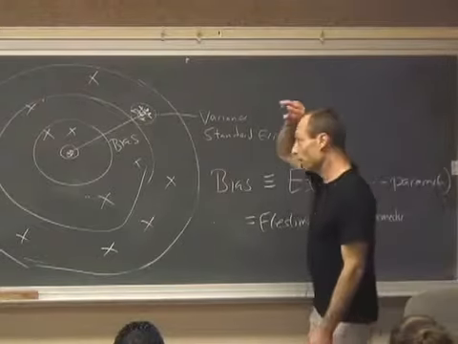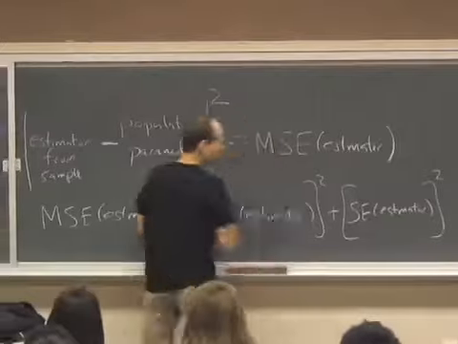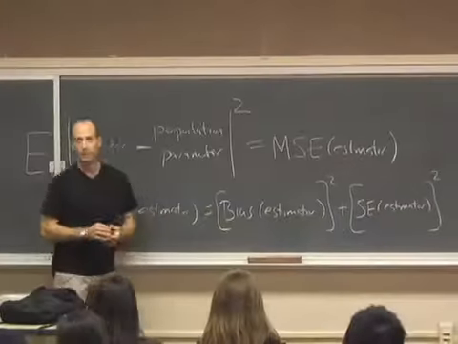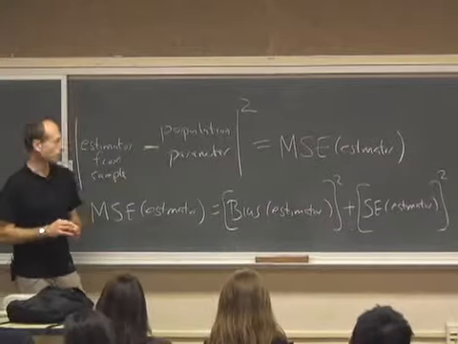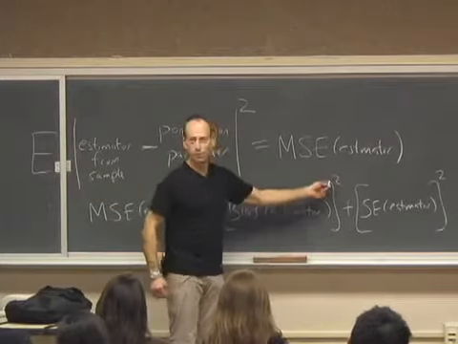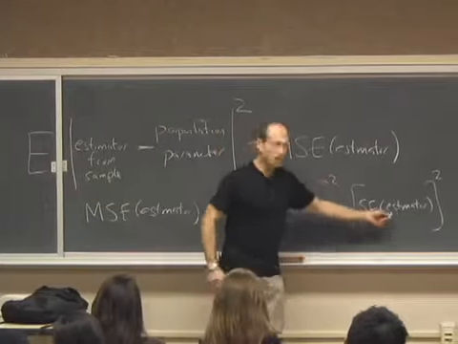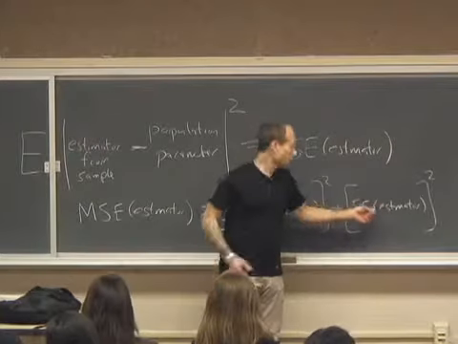So if that's the case, what's the mean squared error of the sample mean as an estimate of the population mean? We're talking about a simple random sample. Well, the bias is 0. Bias squared is 0. The standard error of the sample mean as an estimate of the population mean, well, in this case, it doesn't matter.